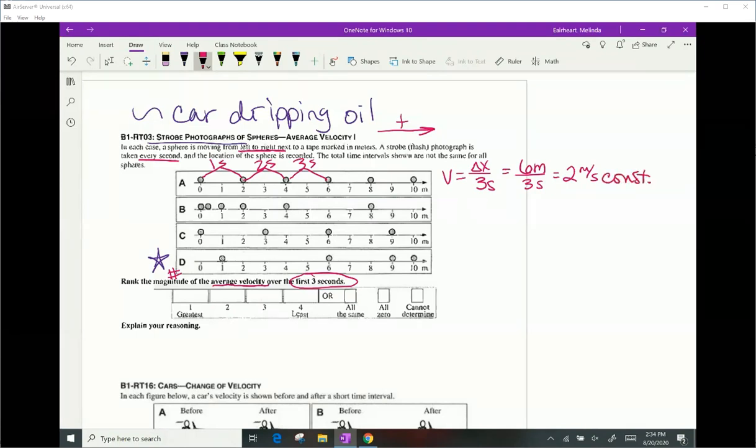All right, let's do B. B shows it's starting at 0 again, but from ball to ball is a second. So there's 1, 2, 3. And notice the spacing got further. Since the spacing is getting further, it's traveling faster as time goes on.